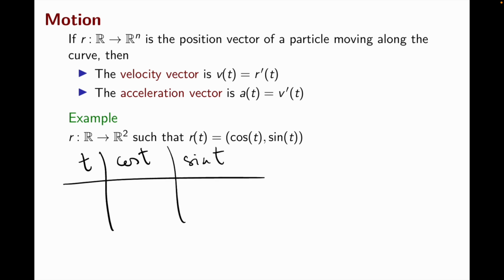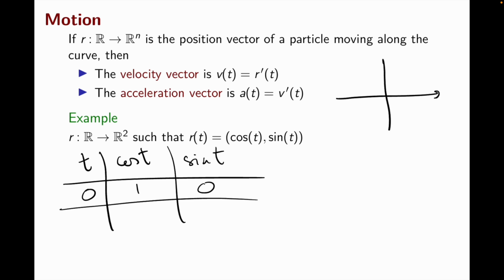So let's give values to the parameter, for instance 0. Then cosine of 0 is 1, sine of 0 is 0. So (1, 0) is going to be the first point of the graph.